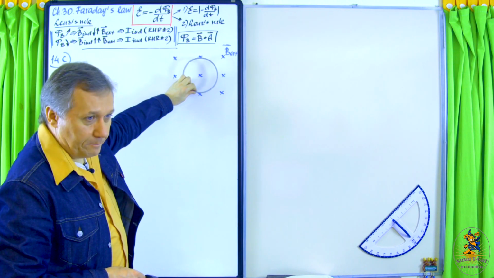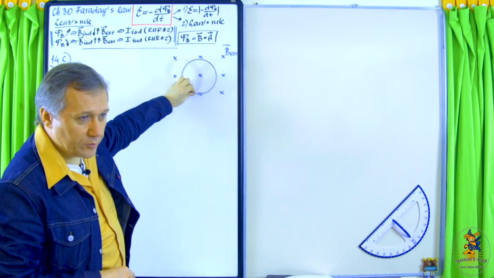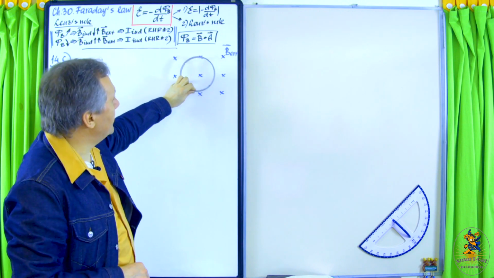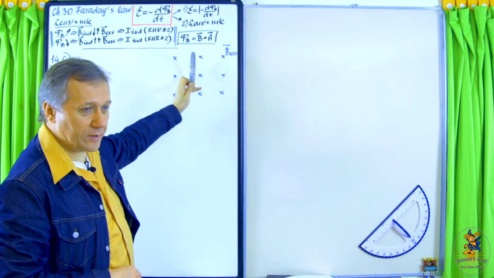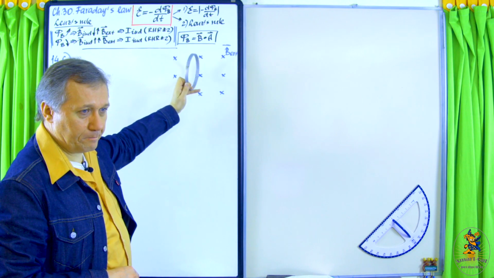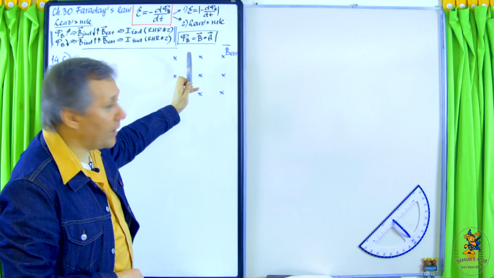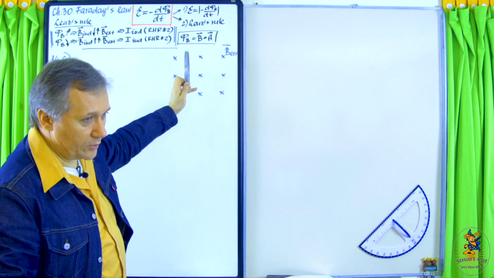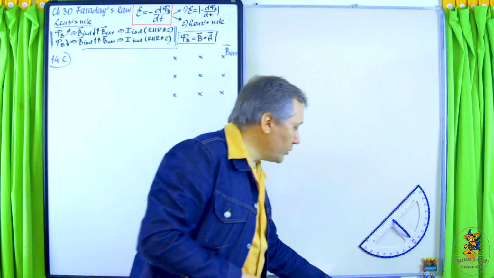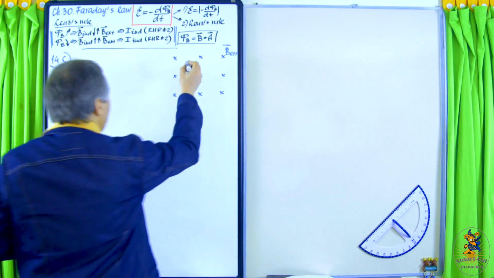But what if, in part C, we turn the loop like this by 90 degrees? In part B there will also be a similar situation, right? So what can we tell about induced current in this situation? Okay, let me draw it. This situation.